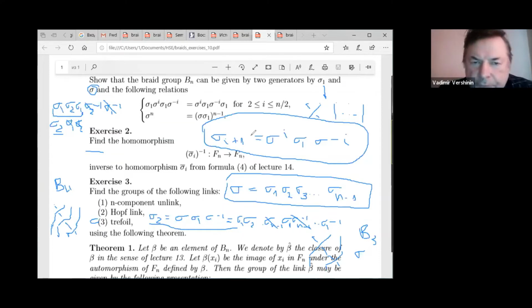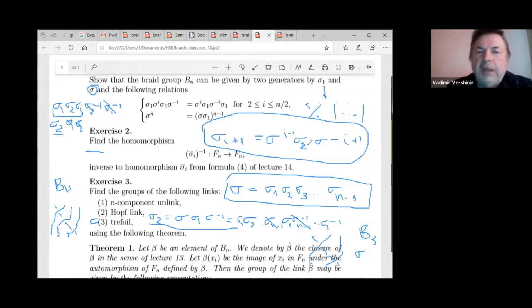We prove this for sigma 2. Then what do we have? We take one from here, sigma minus 1. Here we take also one from here, and here it will be sigma 2. This is what we've done, sigma 2.